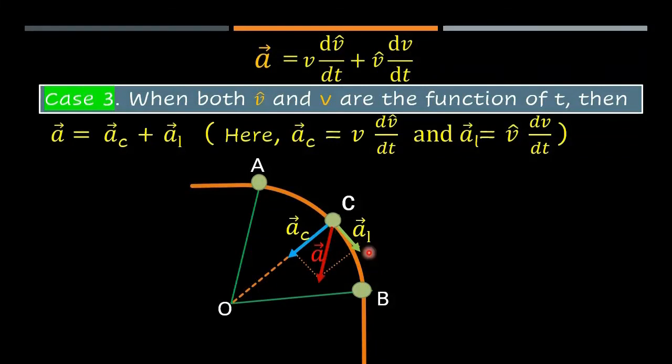Here the green vector represents linear acceleration and this blue vector represents centripetal acceleration, and both these vectors are two adjacent sides of a parallelogram. Now according to the parallelogram law of vector addition, the diagonal drawn at the point C gives the resultant of these two vectors. Therefore this acceleration vector a is denoted by this red vector, which is the diagonal of this parallelogram drawn at the point C.